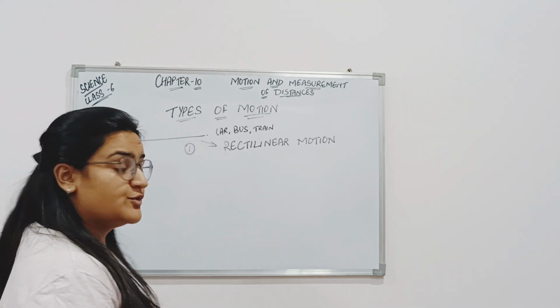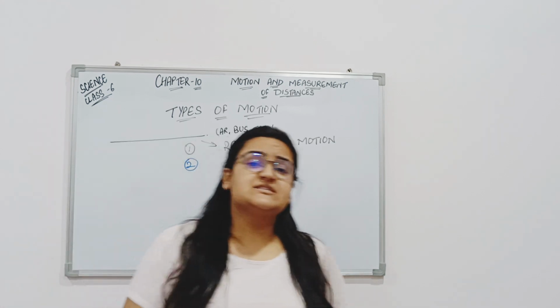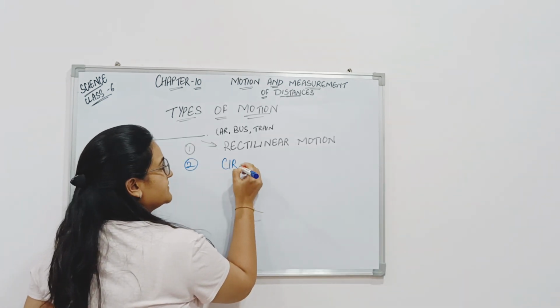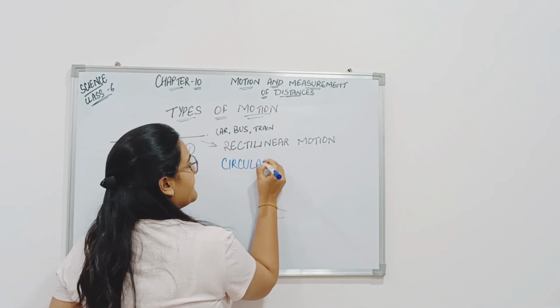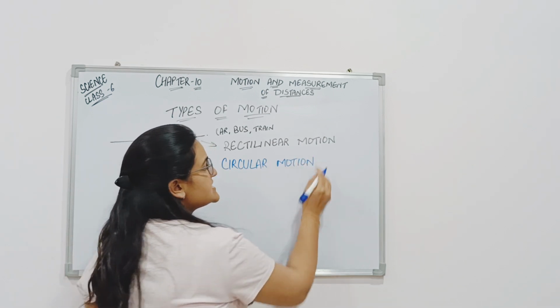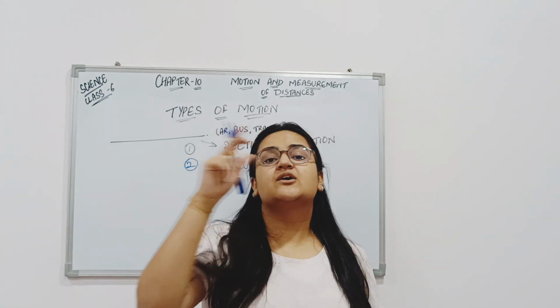Now we move on to the second type of motion. One is straight. What is another kind of movement? Circular motion. Circular motion is the movement of any object in a circular direction.